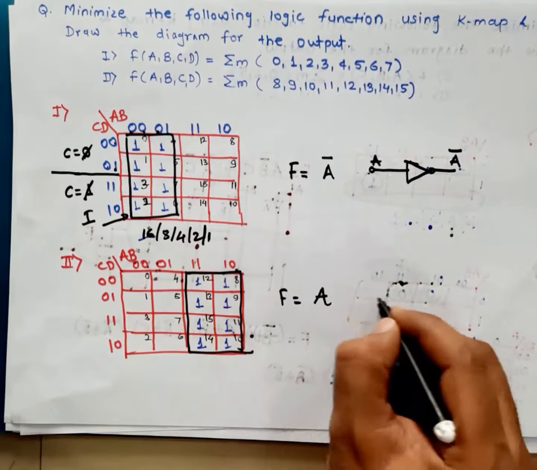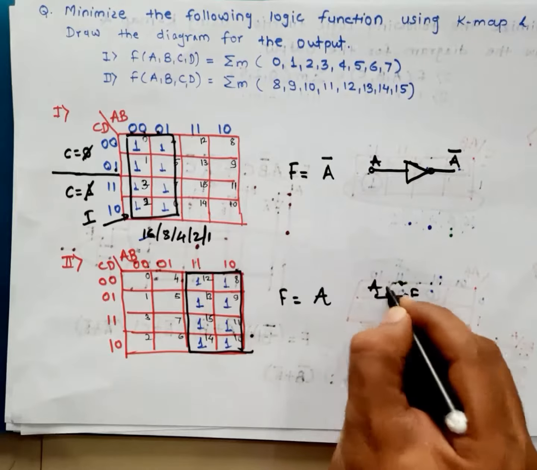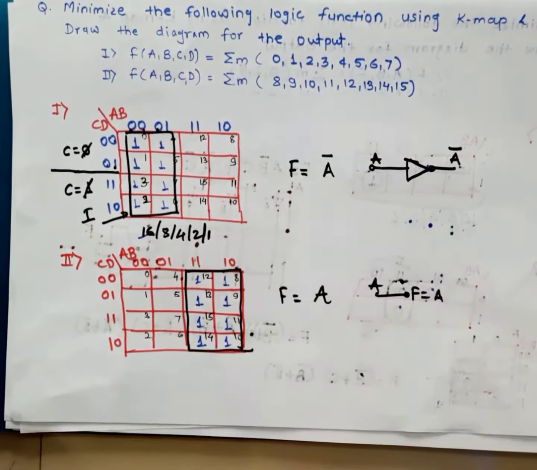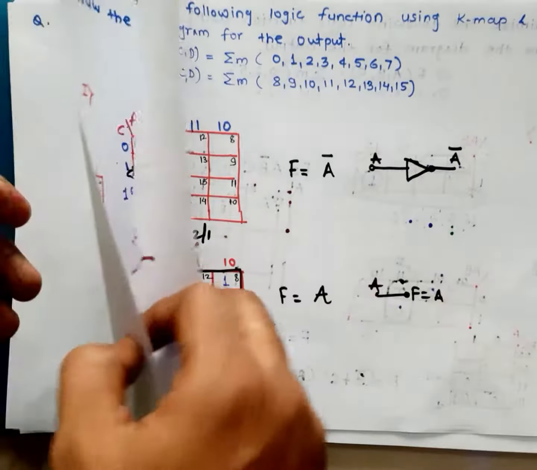So the final equation is A. So the function is nothing but the A variable. So this is how to minimize logical functions using K-map for 4 variables. We'll see some other examples.